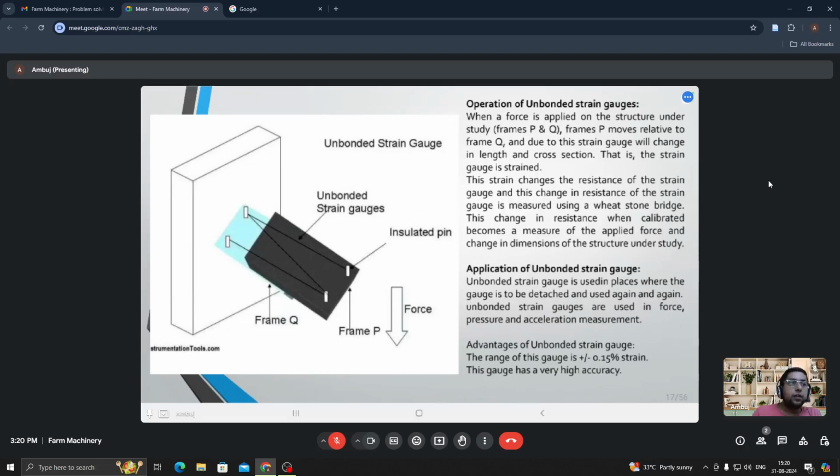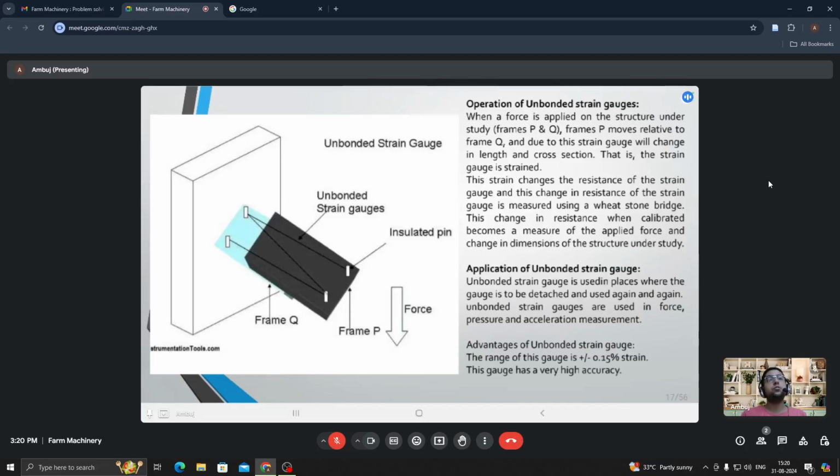This is the principle being asked in this question, in which two frames are there, and this is the correct option, the unbonded strain gauge. The change in resistance, when calibrated, becomes a measure of the applied force and the change in the dimensions of the structure under study.